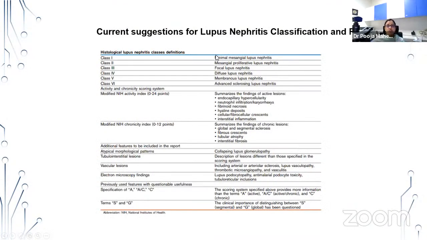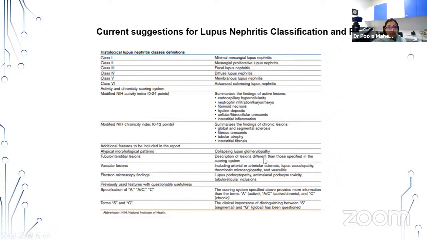So what are the current suggestions for lupus nephritis classification and reporting? We should first classify according to class 1 to 6. Then we should give the activity and chronicity scoring system, modified NIH activity index 0 to 24 or 0 to 12. Then we should include additional features, whether there is an atypical morphological pattern, whether any glomerulus shows collapsing FSGS, or tubulointerstitial lesions.